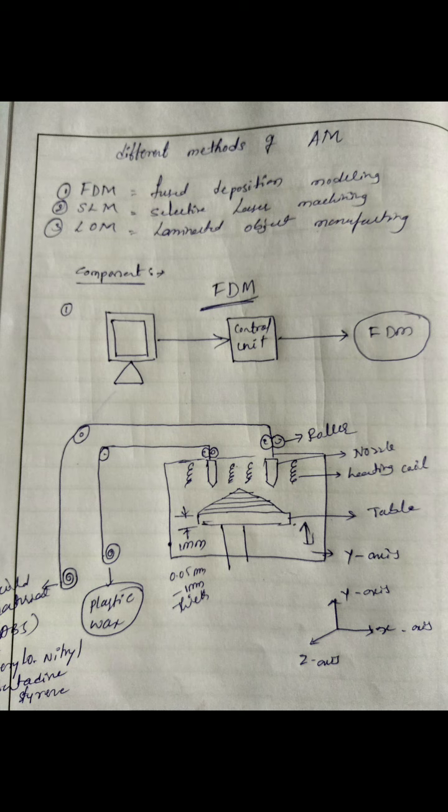Again the heating coil I mentioned, and again the table. Even the up and down arrow mark is shown. Then I mentioned the y-axis in the vertical, the x-axis in the horizontal, and the z-axis inclined, because it has x, y and z axes. So 3D modeling means it is going to produce a component in three dimensions, x, y, z. This is the thing I am going to explain.